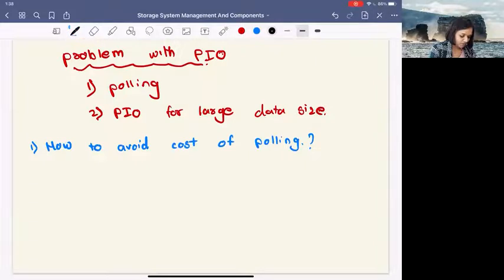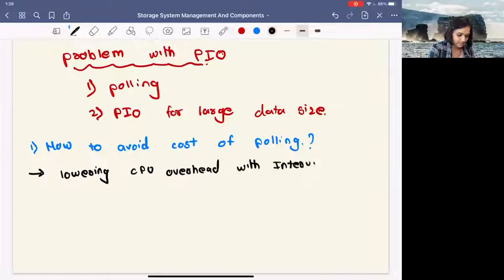So one way to avoid the cost of polling is lowering CPU overhead with interrupts. When we say interrupt, we mainly mean hardware interrupt, because we want interrupts to be fast.